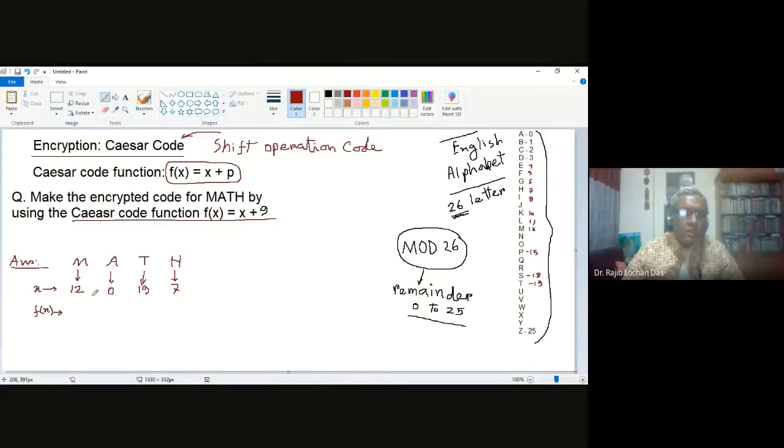And then in the same way, 0 plus 9, it is only 9, and 19 plus 9, it is 28, and 7 plus 9, it is 16, right?